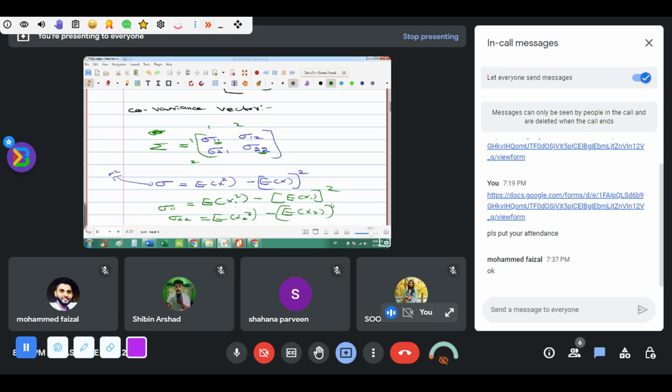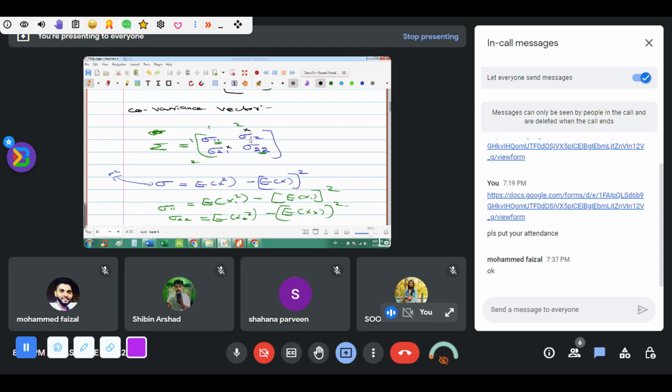Now what is the formula of these two? Here it is x1 x1, and for the other variable x2 x2. Therefore both values are equal, meaning the variables are equal, so this formula is correct.